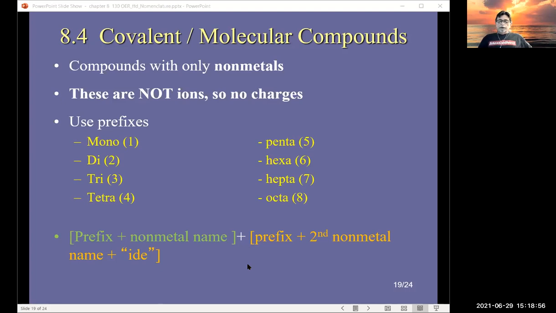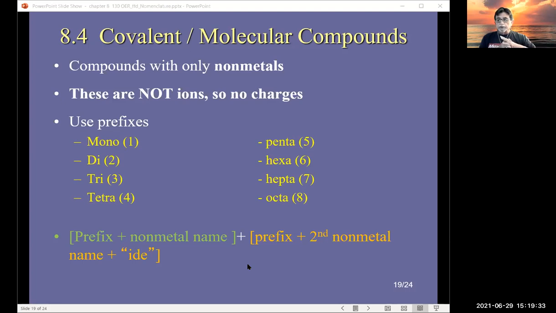How do we do it? Well, the first one written down is the central atom, and everything following that is bonded around the central atom. Like ionic compounds, where what's always written first is the metal, for molecular compounds the first nonmetal is the central atom, followed by whatever's bonded around it. If there's more than one of the central atoms, we use a prefix, and then its name, we don't change the name.